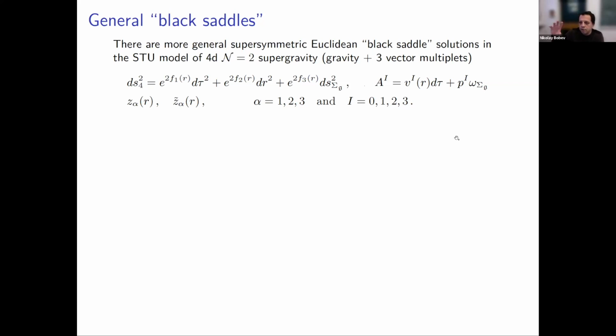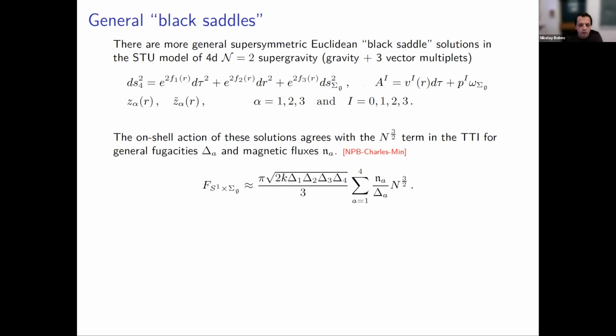For every source that you want to turn on in the quantum field theory, AdS/CFT instructs you that you should excite a bulk field, a corresponding classical field in 4D supergravity, and then you should solve Einstein's equations, and you should keep the thing supersymmetric. So it gets a little bit ugly, but we were able to do this, and we were able to find what we call black saddles. So these cigar-type Euclidean solutions with some scalar fields.